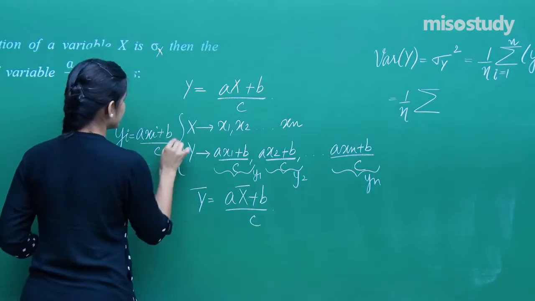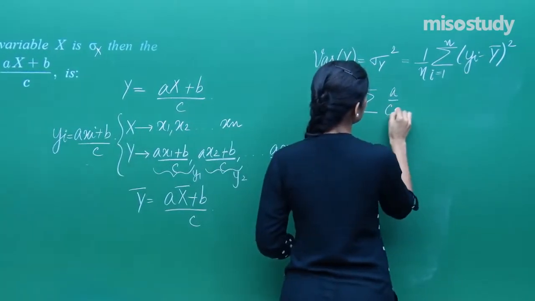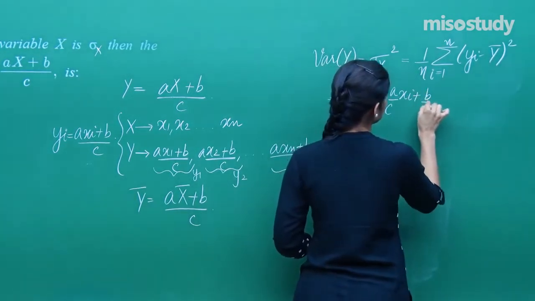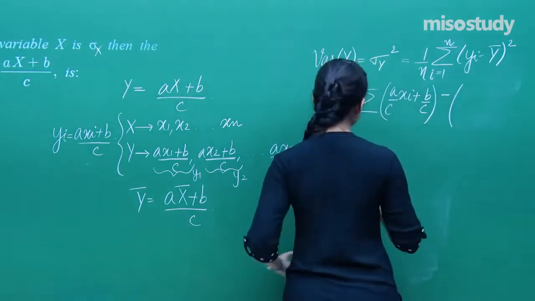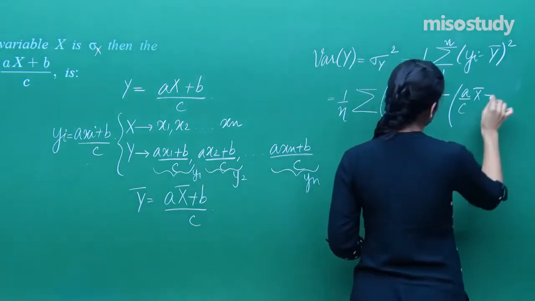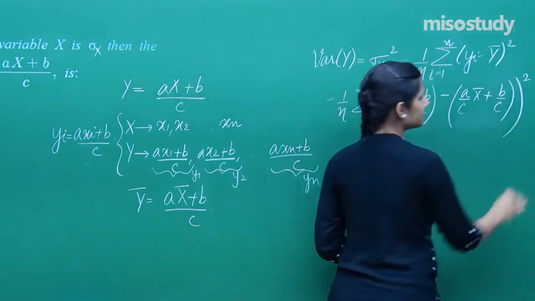So yi is what? A xi plus b by c. So it is a by c xi plus b by c, minus y bar, which is a by c x bar plus b by c, whole square.